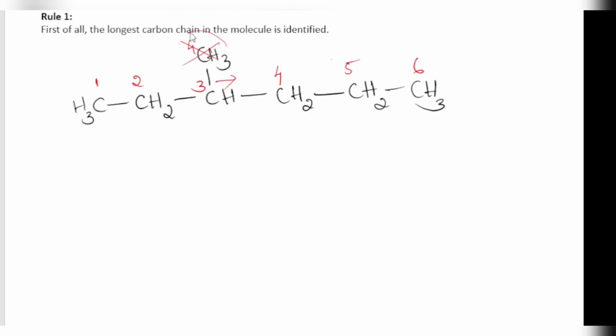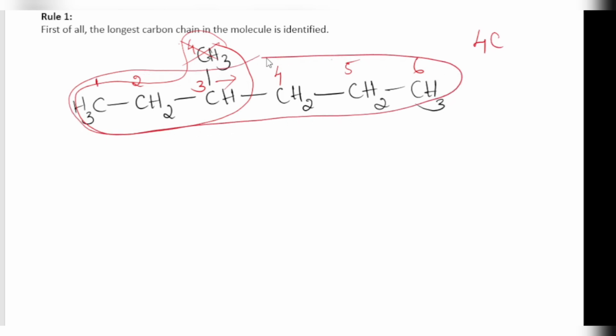If I count this as the principal chain, the other one becomes only 4 carbon atoms. If I take this longest chain, that contains 6 carbon atoms, this is the longest carbon chain. This is called the parent chain.